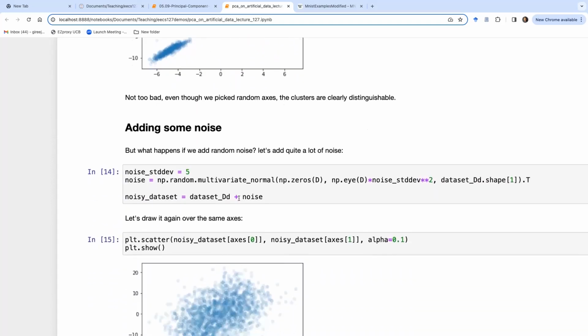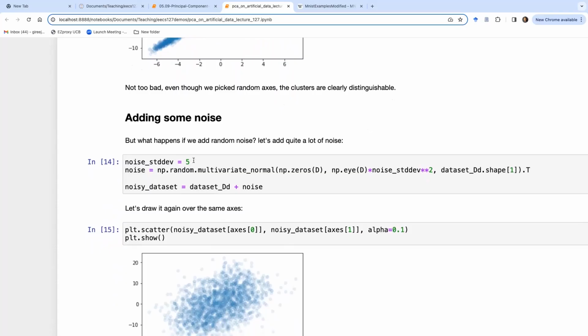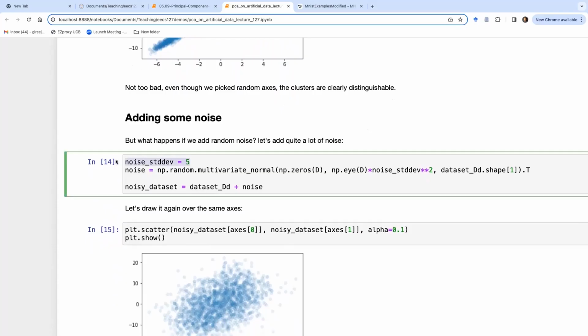But now, of course, in the real world, we're not going to have such nice, clean, clustered data points, right? There's going to be noise, and things aren't going to look as pretty as we want them to be. So now, let's say I add noise to every single one of my clusters. In fact, I add a lot of noise. I add noise with standard deviation 5.